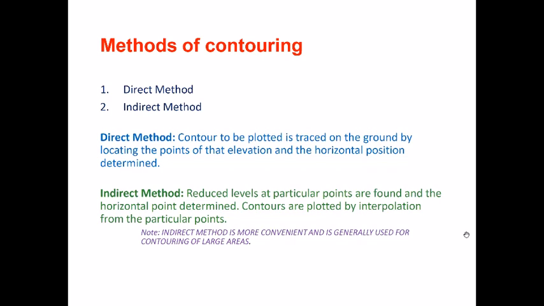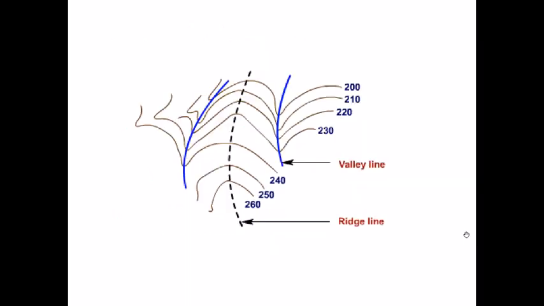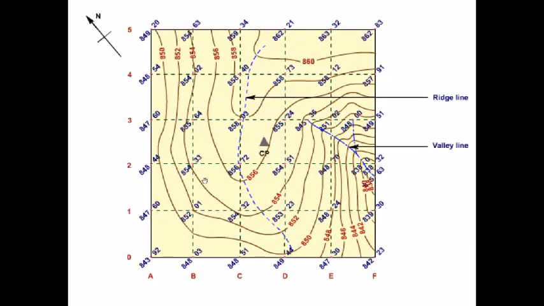Whereas in the indirect method, you make a grid like we had before. So you divide your land into these smaller squares, and at every intersection of these lines, you determine what is the reduced level of that point.